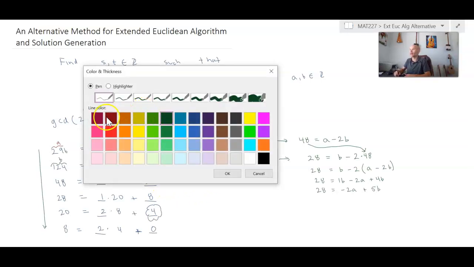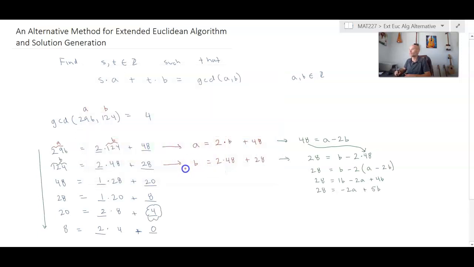Okay, so in the third line, if we now represent that in terms of its remainder, that's going to be 20 equals 48 minus 1 times 28. Okay, so we can already see where we're going to end up making substitutions. First of all, we see that 28 is equal to this line that we just wrote.